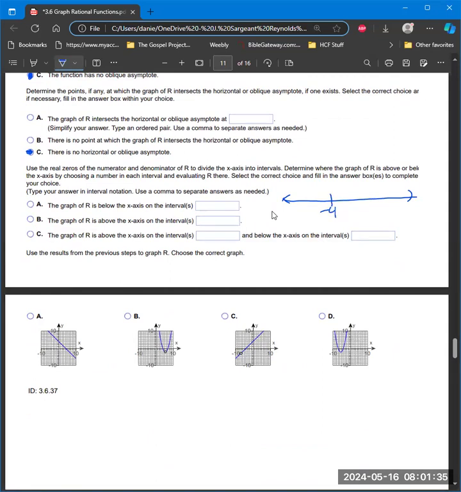There's a 0 over here at -7, but don't worry about that. -4 is what I'm interested in. So to the left of that, I'm negative, and to the right of that, I'm positive. So this is below and above the x-axis here, -4.